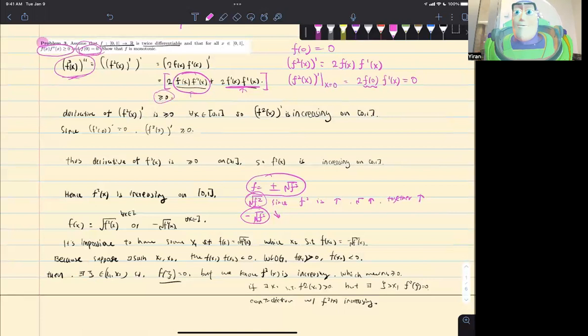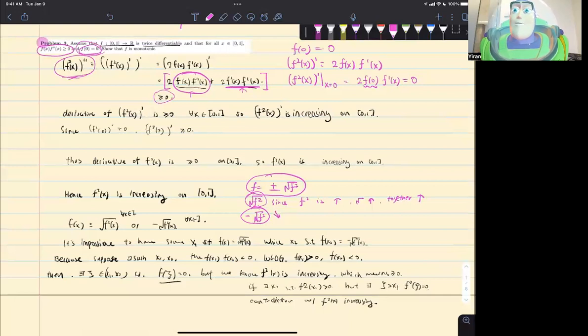And because the first derivative of a function is non-negative, that implies that the function f squared is monotonic increasing.